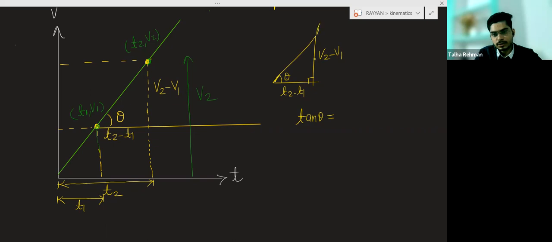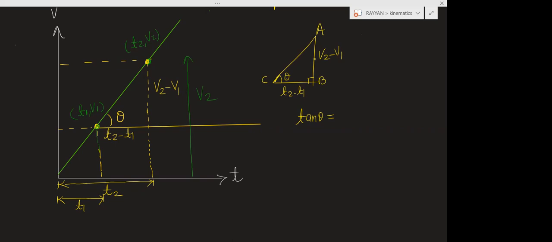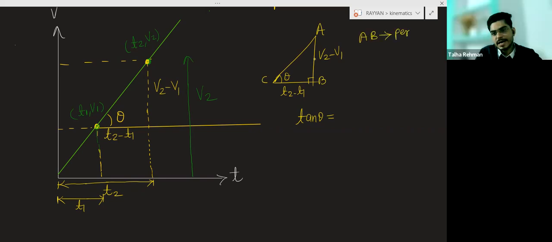Suppose this is A, this is B, this is C. So AB will be the perpendicular or altitude of the triangle, and BC is the base.